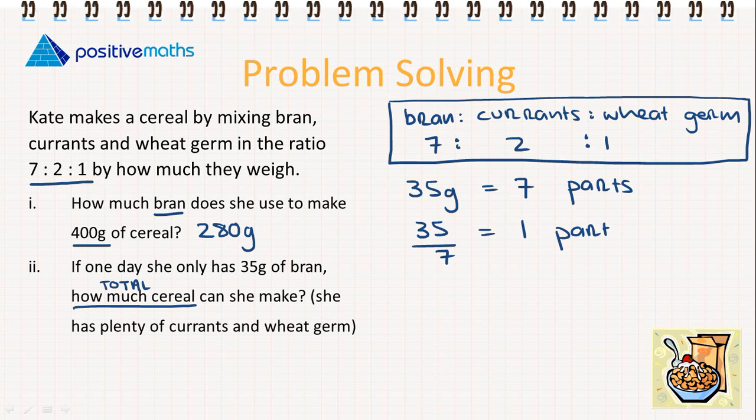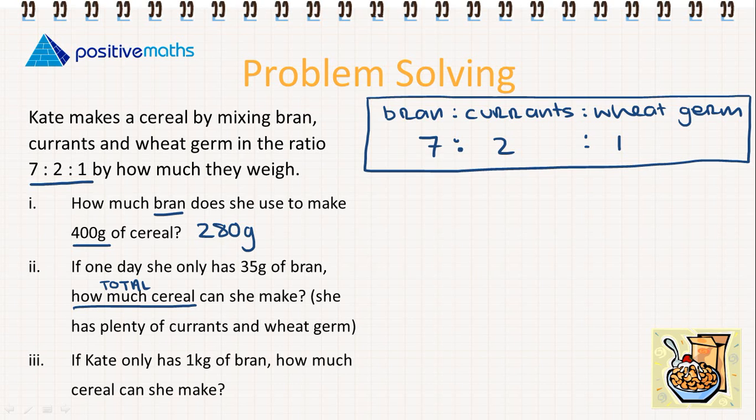So 35 divided by 7 will give us 5 grams. Okay, so then our 10 parts, which is our total, is going to be 5 grams multiplied by 10. So we get 50 grams for the full amount. So that means if she only has 35 grams of bran, then she can only make 50 grams of cereal.